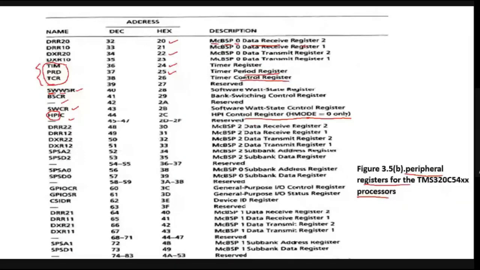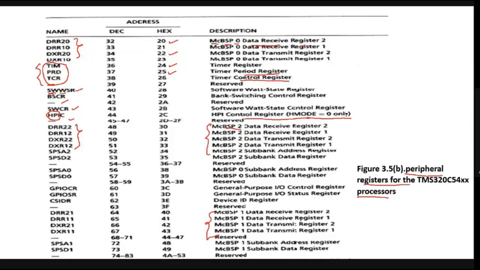And we have, see, this is one set of multi-channel buffered serial port data receive and data transmit registers. We have the next pair of data receive and data transmit registers for multi-channel buffered serial port 2. Similarly, we have one more set for multi-channel buffered serial port 1.